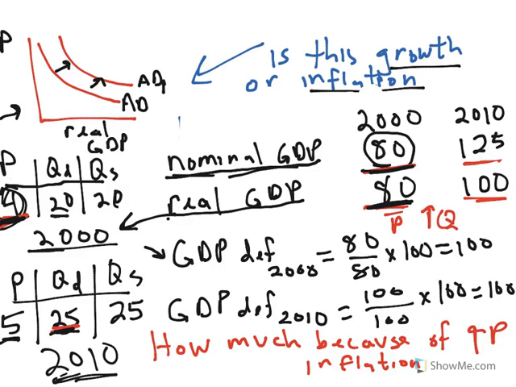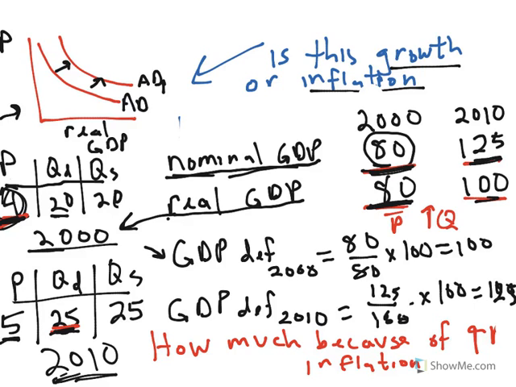Okay? So we have that. Now we can see that, yes, growth has increased. Right? Now, if we calculate the GDP deflator, we can see that, yes, there has been growth, but we have to change this number here to 125 over 100 times 100, which gives us 125.